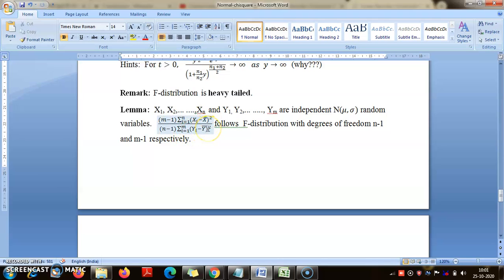X bar and y bar are the means, that is, the summation of xi by n is x bar and the summation of yi by m is y bar. So these are the ratio of sample variances. This follows F distribution with n minus 1 and m minus 1 degrees of freedom. This is widely known as the F statistic and it is used to test equality of variances, which I will discuss in the next slide.